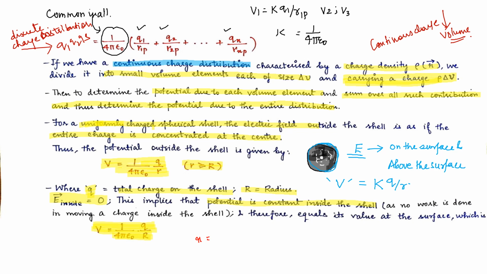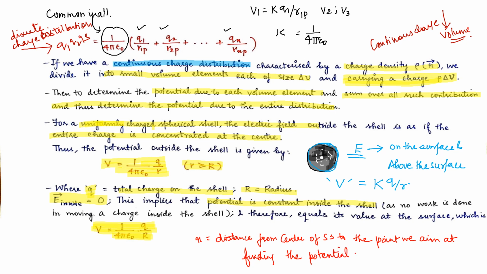Small r equals the distance from the center of the spherical shell to the point at which we aim to find the potential.